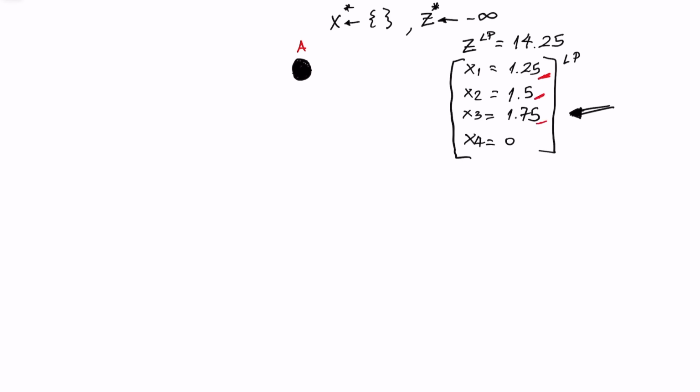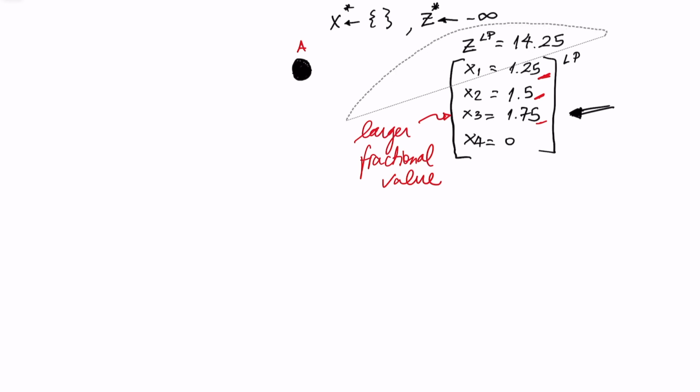Which one are we going to choose? We're going to choose the one that has the largest fractional value. And in this case it is x3, right? So x3 has the larger fractional value.